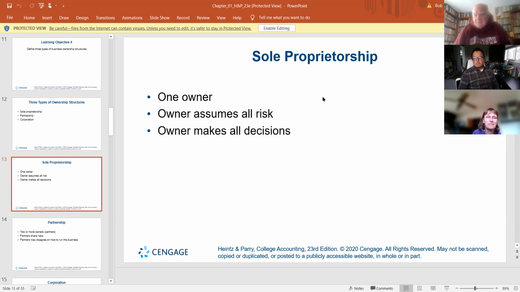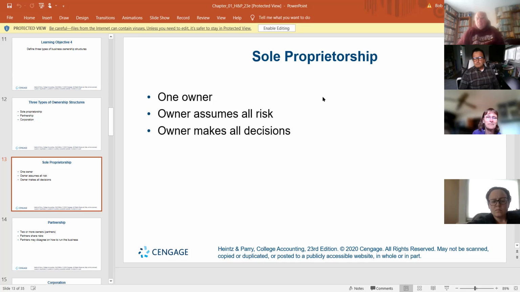If you invested, let's say, $10,000 in a business and the business failed, and you find yourself owing $100,000, creditors can come after you for your personal assets to make up that $90,000 difference. So that's a key item with a sole proprietorship. You assume all the risk, but you get all the reward.